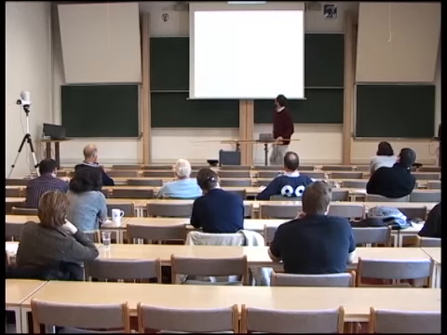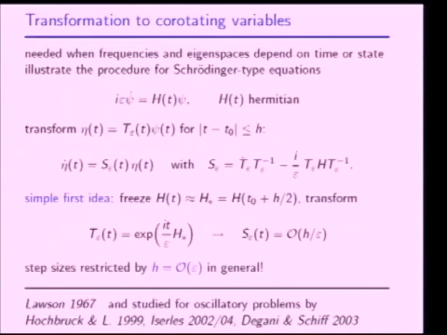Now let's come to my last building block, where we do not work with the original coordinates in which the system is given, but try to choose co-rotating coordinates which adapt better to the oscillatory behavior of the system. And let me illustrate this for the case of this Schrödinger equation with a time-dependent Hermitian matrix, H of t, and a small parameter epsilon.